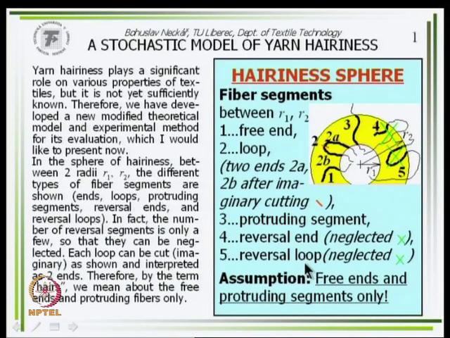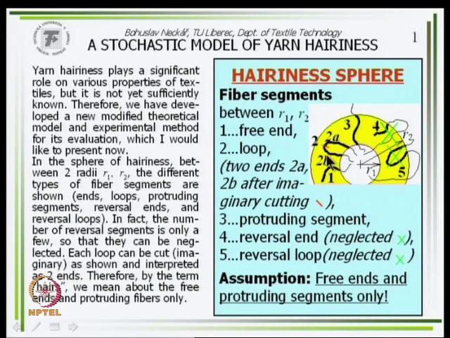We can assume that the number of such shapes, reversal ends and reversal loops, is not too high, and therefore we neglect these atypical fiber shapes. So we have only fiber shapes number 1, 2, and 3.